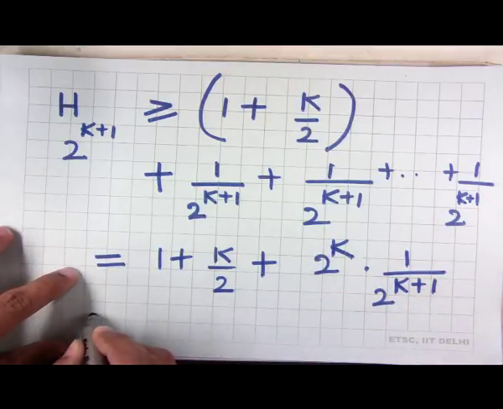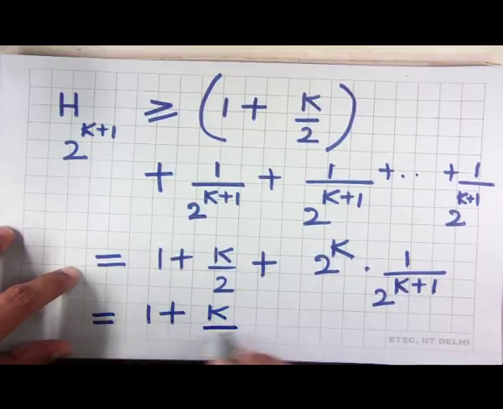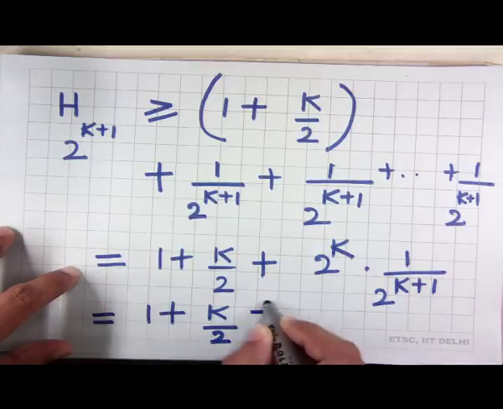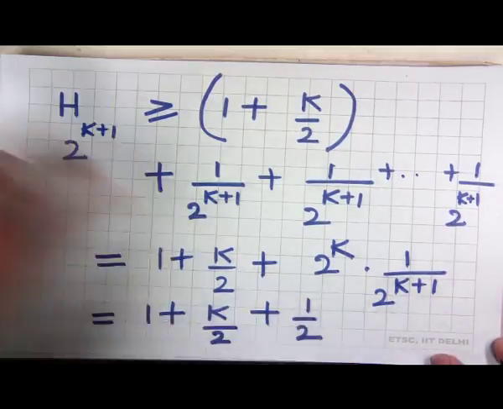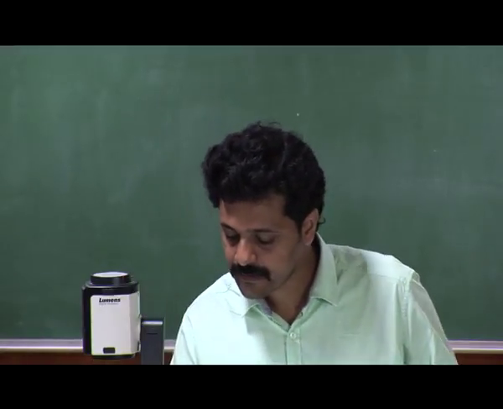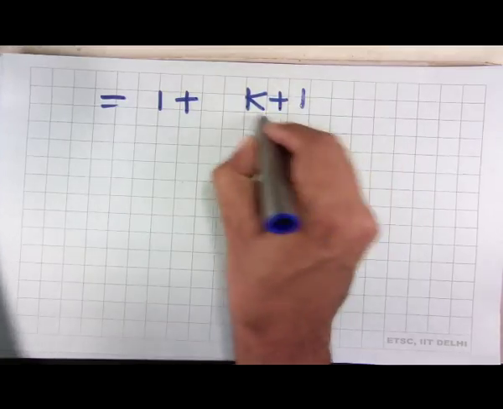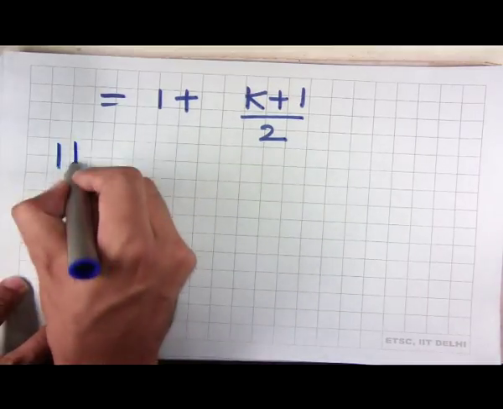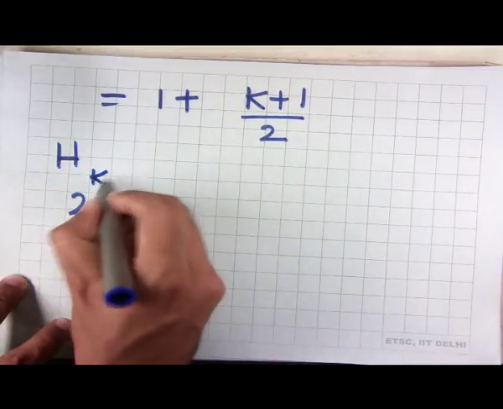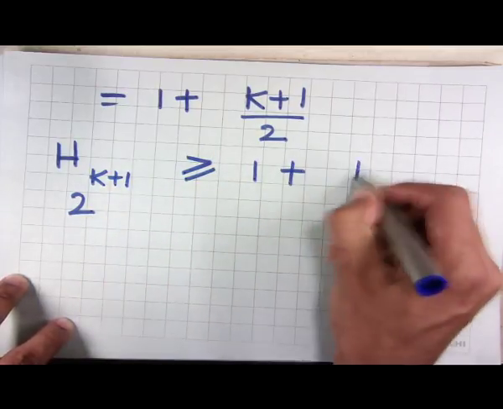Now, a little manipulation, namely the cancellation, will show that this is 1 plus k by 2 plus 1 by 2, right. That is 1 plus (k plus 1) by 2. Wow, this is what we are intended to do. So, we got H 2 power k plus 1 is greater than or equal to 1 plus (k plus 1) by 2.